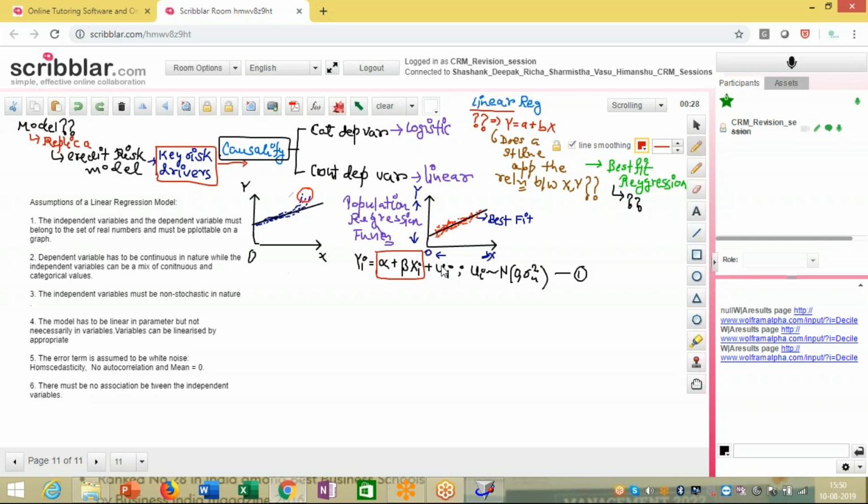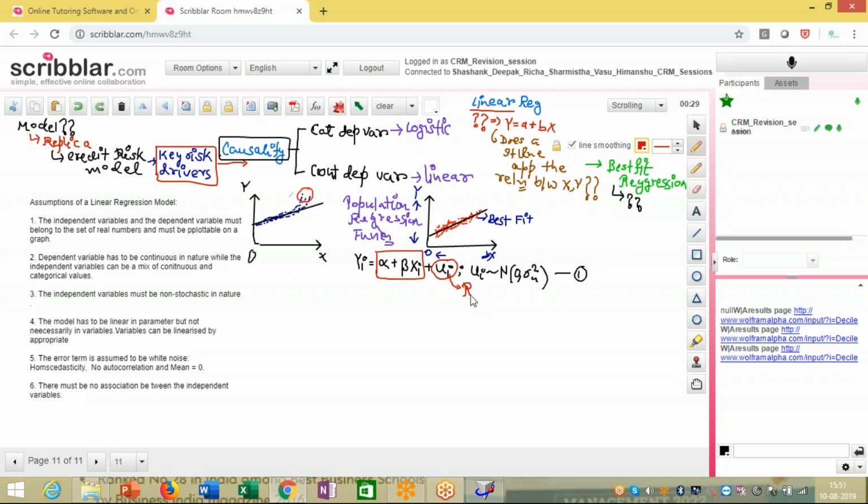So the yi, the observed or realized outcome, is an outcome of two things. Number one, alpha plus beta xi, plus the random term. This ui is your white noise, or your random component.